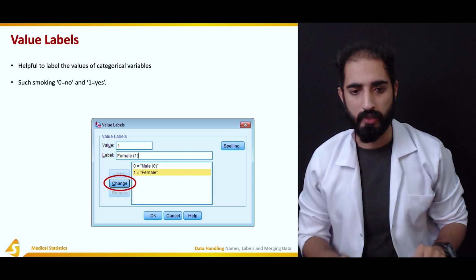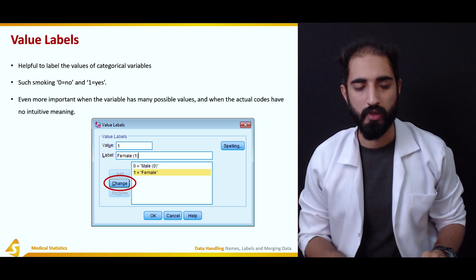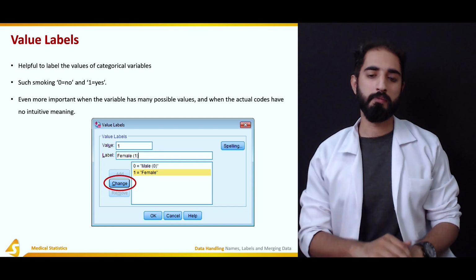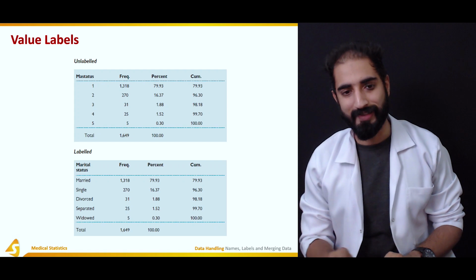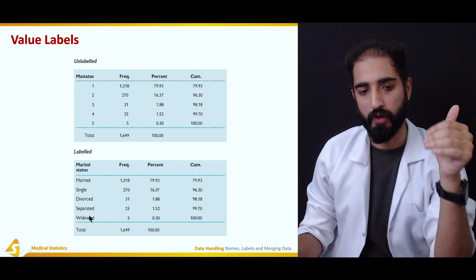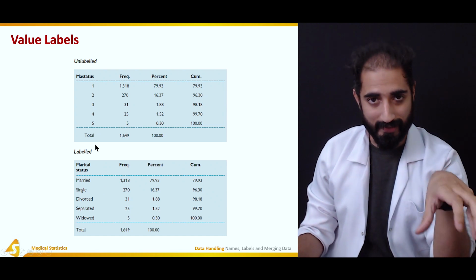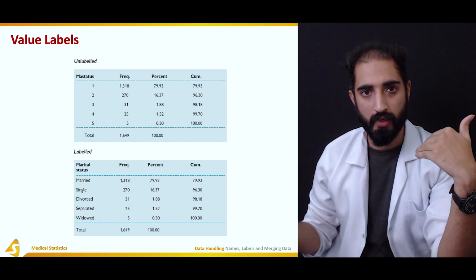And just in this example, we have given smoking, yes or no. It is even more important when the variable has many possible values and when the actual codes have no intuitive meaning, such as here we have married, single, divorced, separated, and widowed. So this is marital status. It is a categorical variable and there are numerous categories.